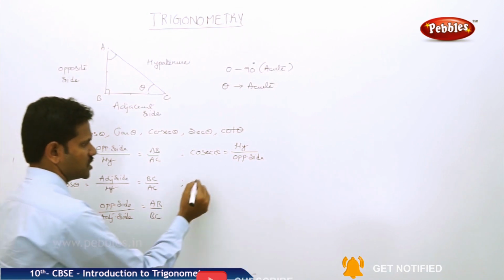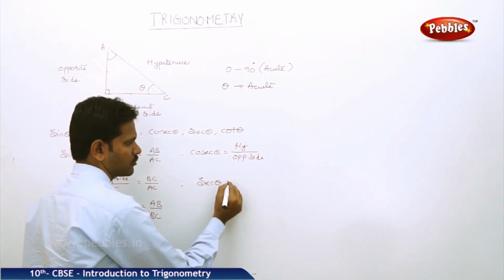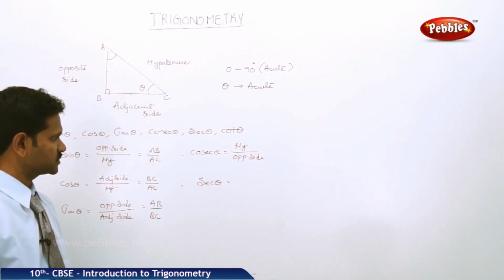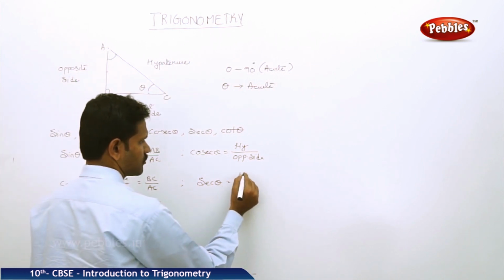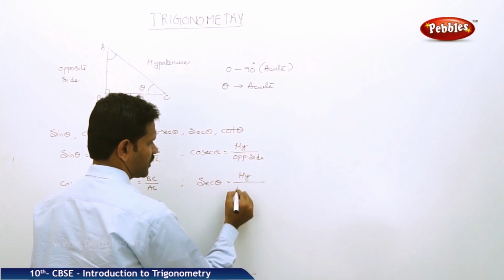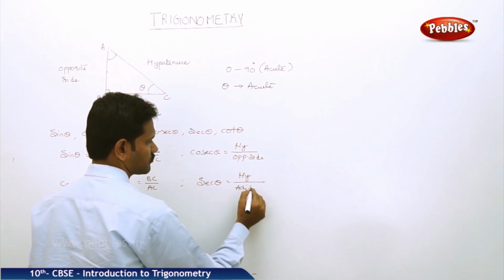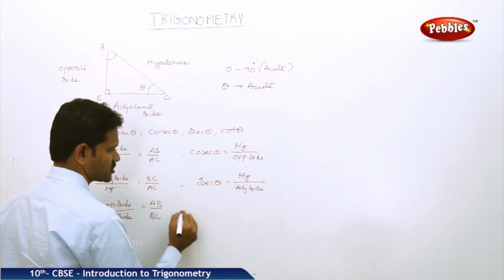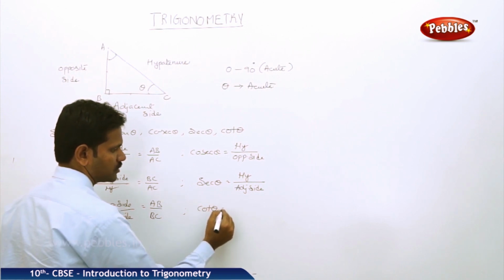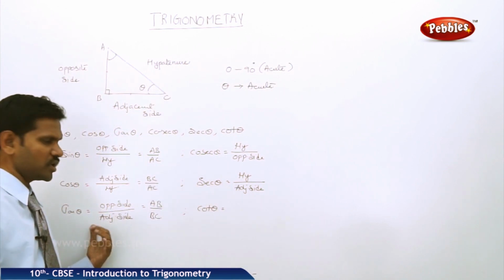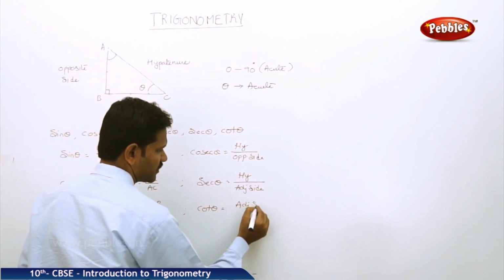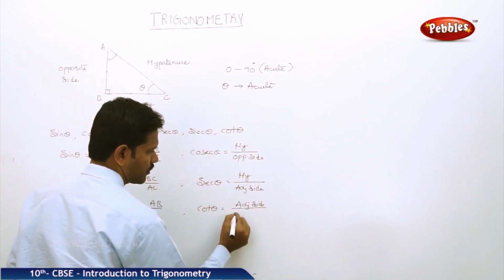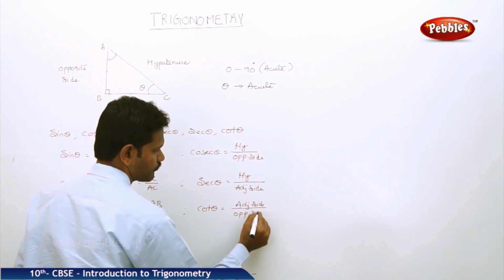Next, secant theta, which is the reciprocal of cos theta, that is hypotenuse by adjacent side. Next, cot theta, the reciprocal of tan theta, that is adjacent side by opposite side.